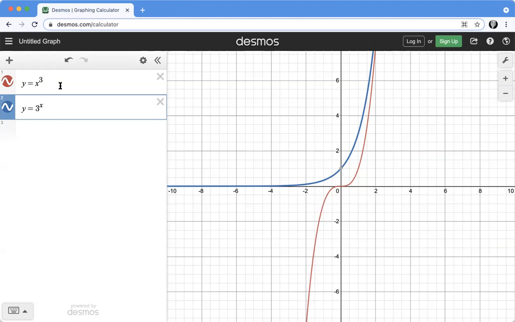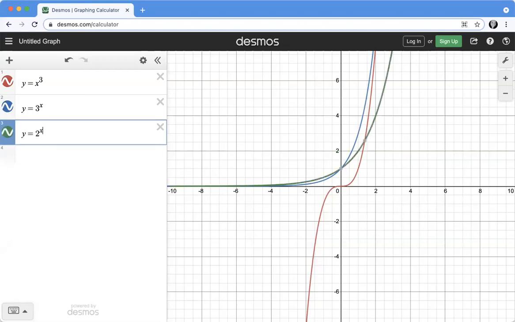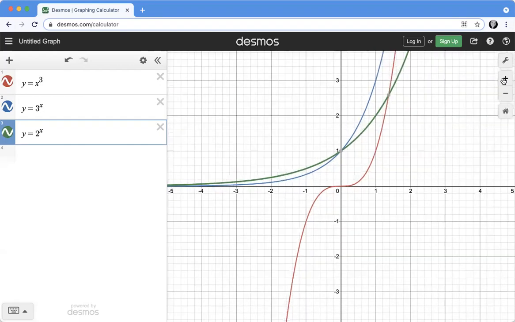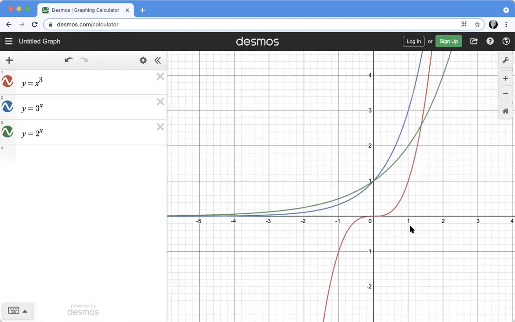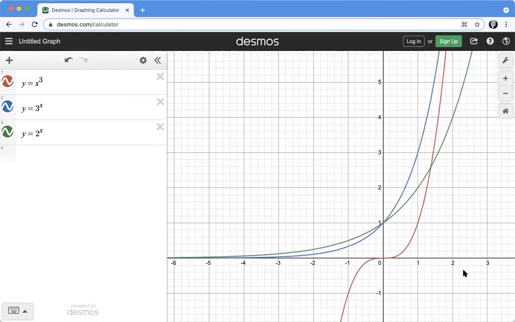That's the cubic. And here, my exponential function looks a lot like, let me show, y equals 2 raised to the x. I'm going to drag it around so we've got some space to look at it.